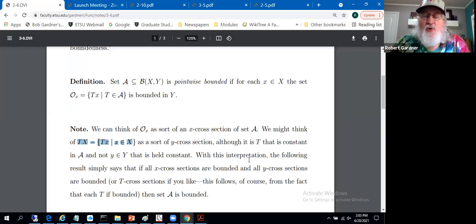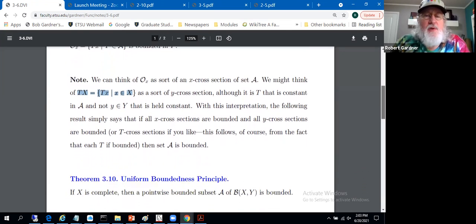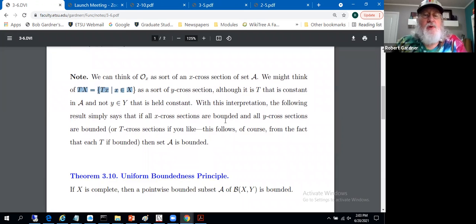But with this idea of cross sections, the following result, the uniform boundedness principle, simply says if all the x cross sections are bounded and all the y cross sections or T cross sections are bounded, then the set calligraphy A is bounded. So it's very much an idea of cross-sectional bounds implying boundedness of the whole set, which doesn't sound surprising.